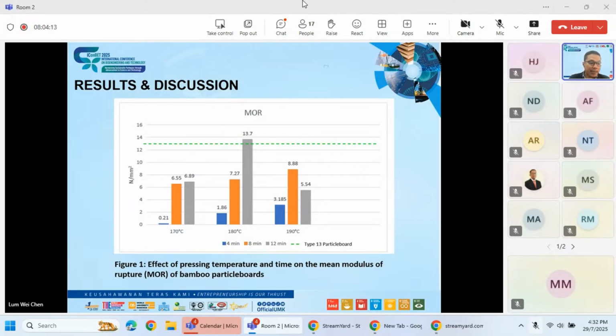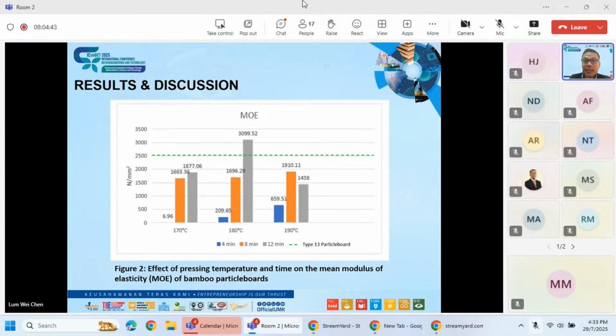The standard we use is JIS A 5908. According to the standards for type 13 particle boards, of course the MOR of the board needs to be 13 and above. As you can see here, our particle board produced with pure citric acid and gelatinized starch can achieve the requirements stated in the standards.